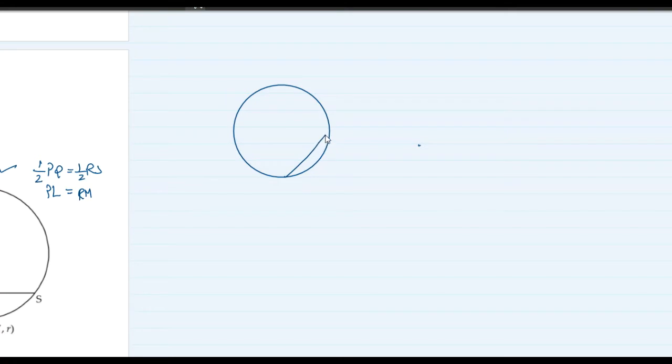One is over here, which is AB, and the other one is over here, which is PQ, and this is the center of the circle O. This is the perpendicular drawn from the center to the first chord, and this is the perpendicular drawn to the other chord.